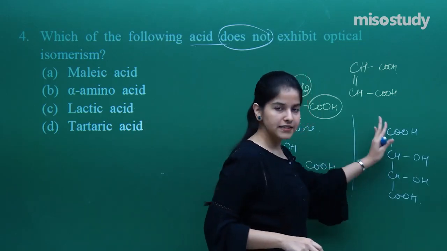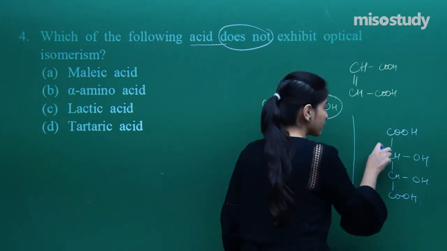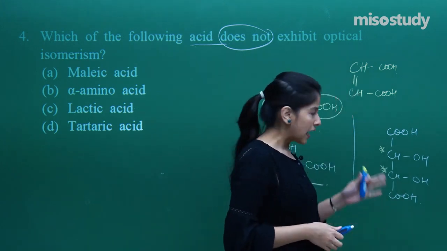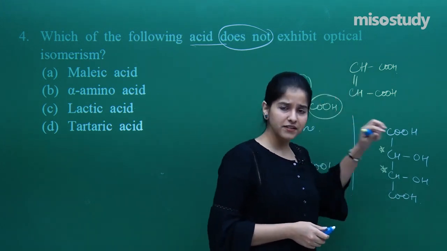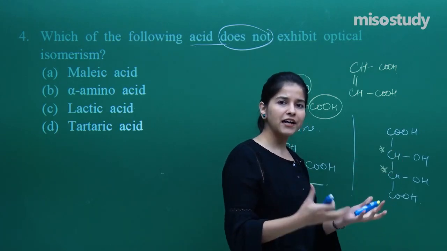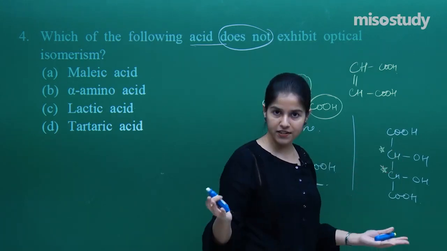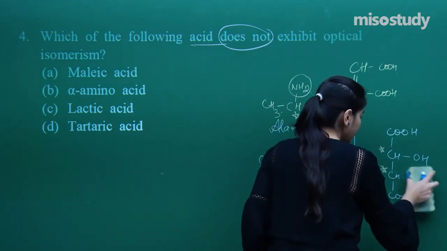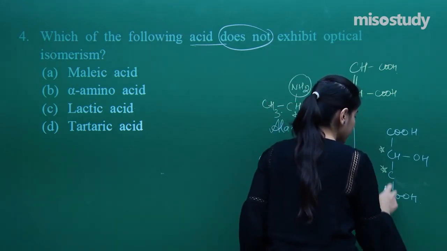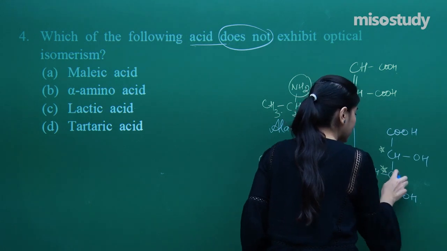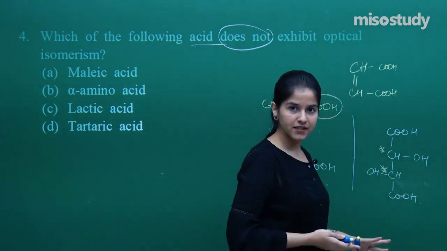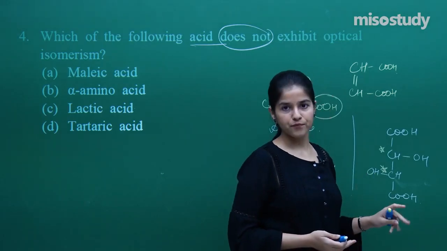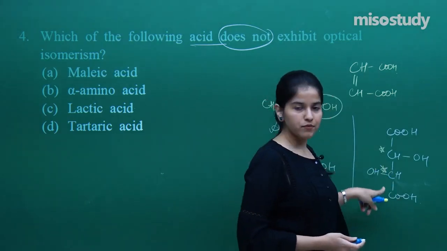In tartaric acid I have got 2 chiral centers, right? And you must be thinking that this is a meso compound and it will actually lead to optical inactivity. But I would like to tell you over here is, if this OH is shifted to the other way round like that, then this compound becomes optically active as well. So it has got 2 chiral carbons, optically active.